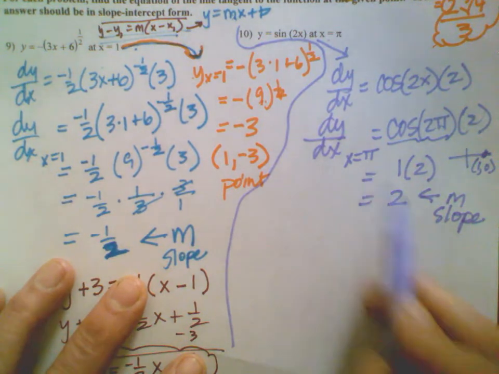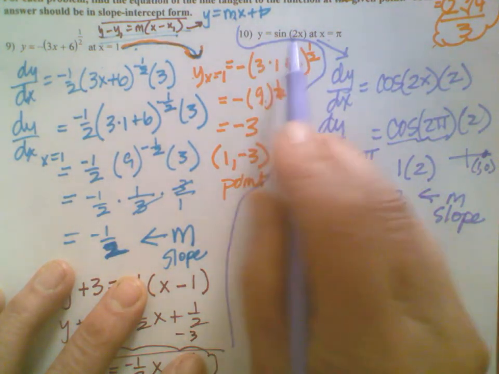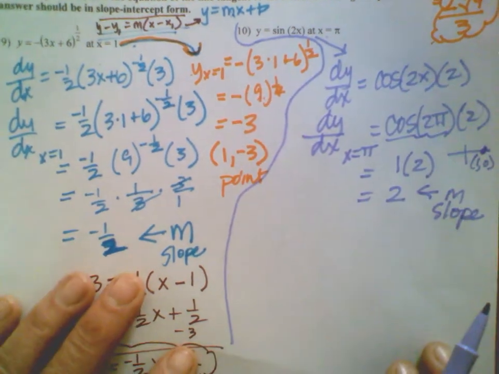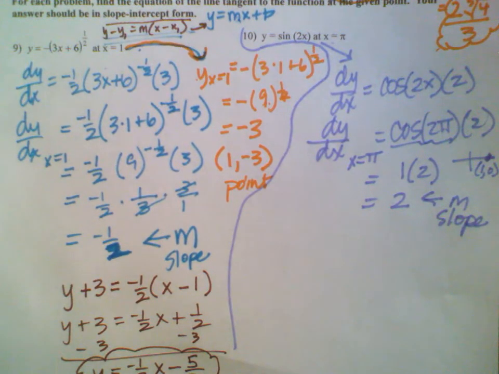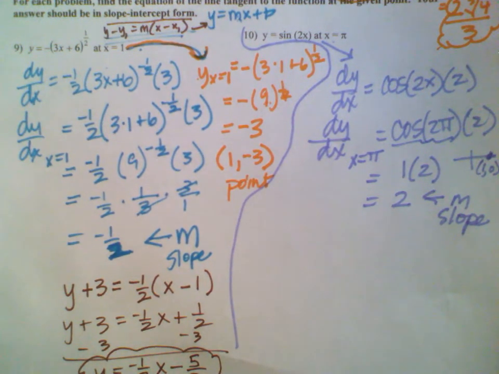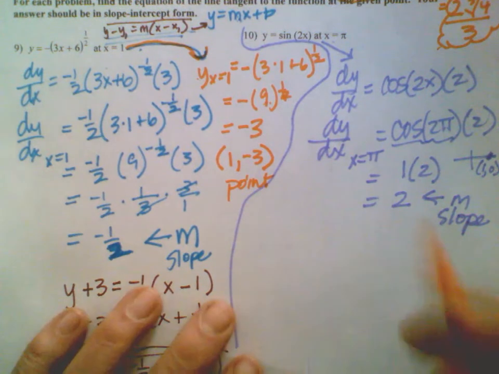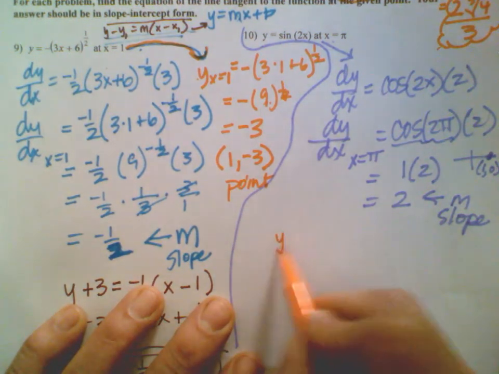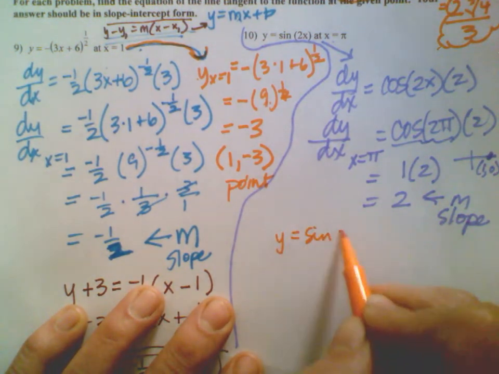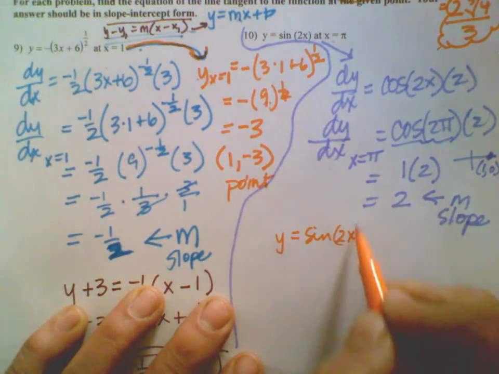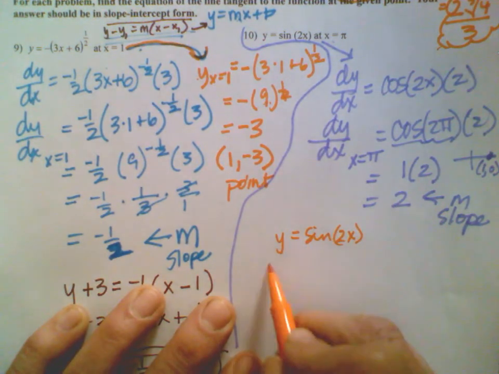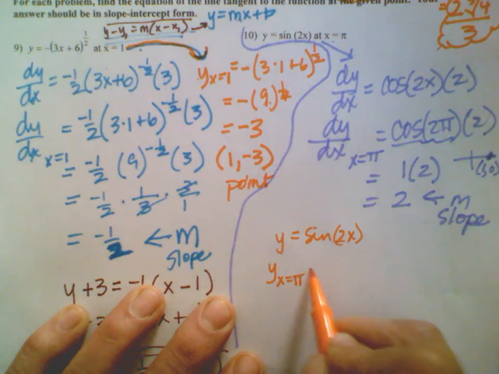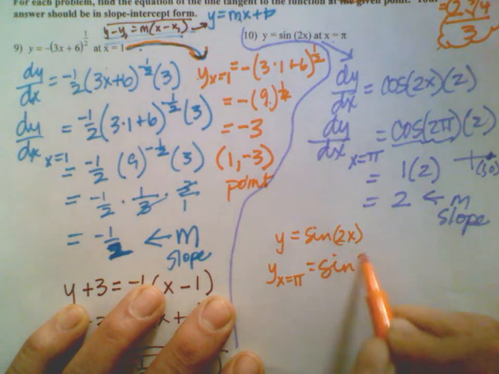I found the slope of this function at x equals pi, and now I need the point. So I'm going to go through and find the point for this function. So if y equals sine 2x, and x is pi, then this is the sine of 2 pi.